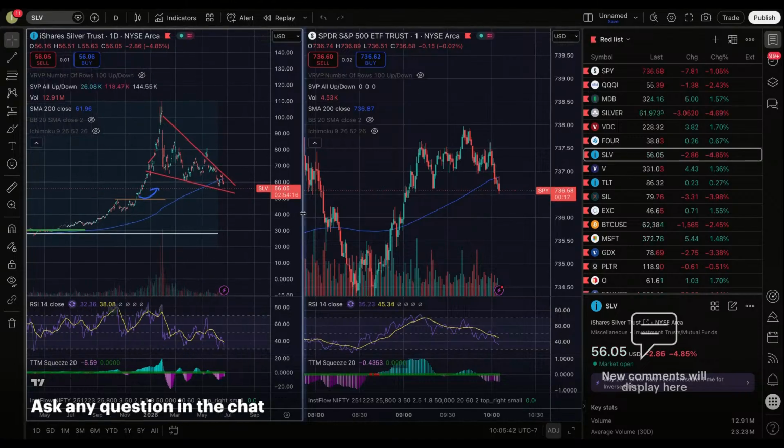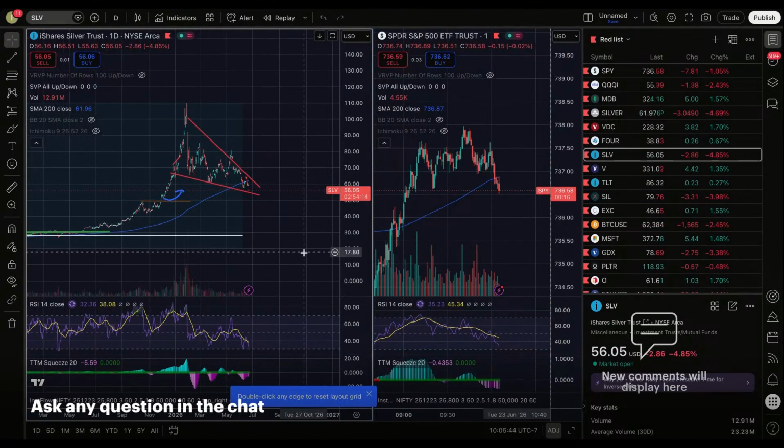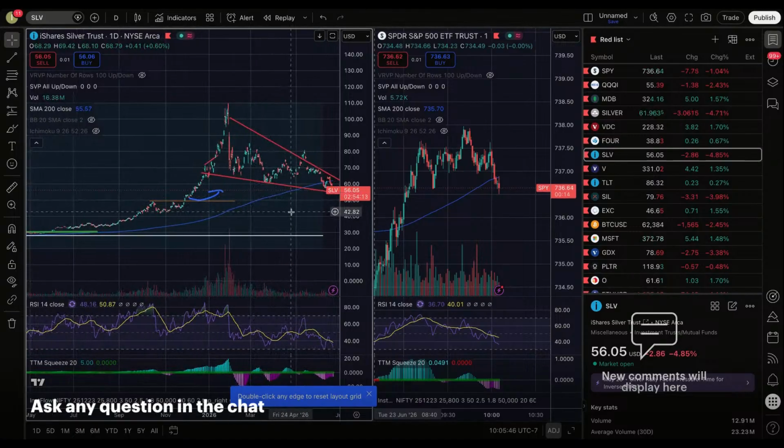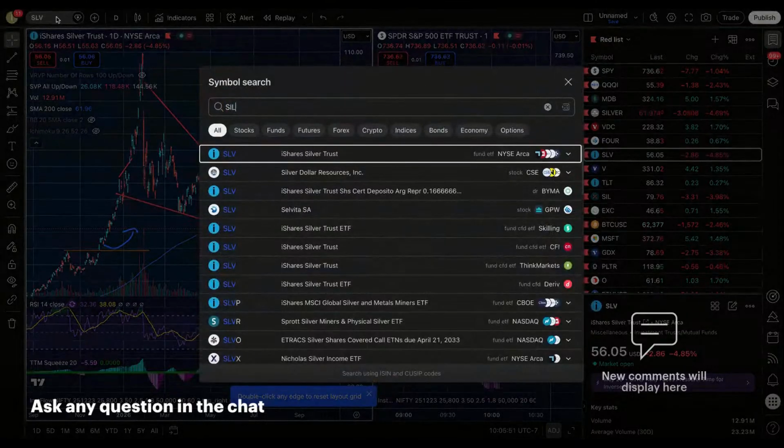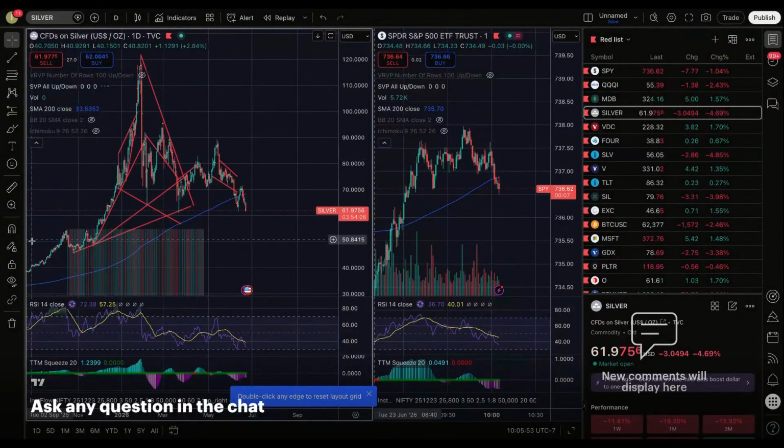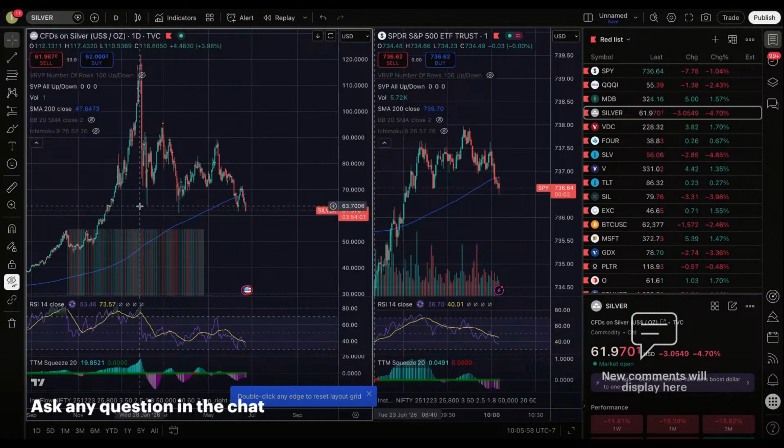One last thing I wanted to mention is silver is in a very, very interesting spot. The pure silver chart is slightly noisy, partially because of my lines, but it potentially is breaking the support zone.